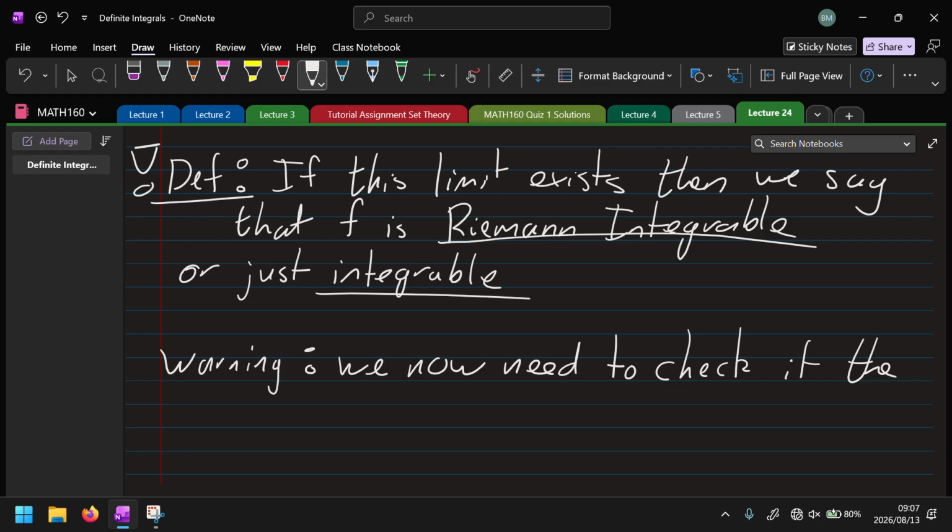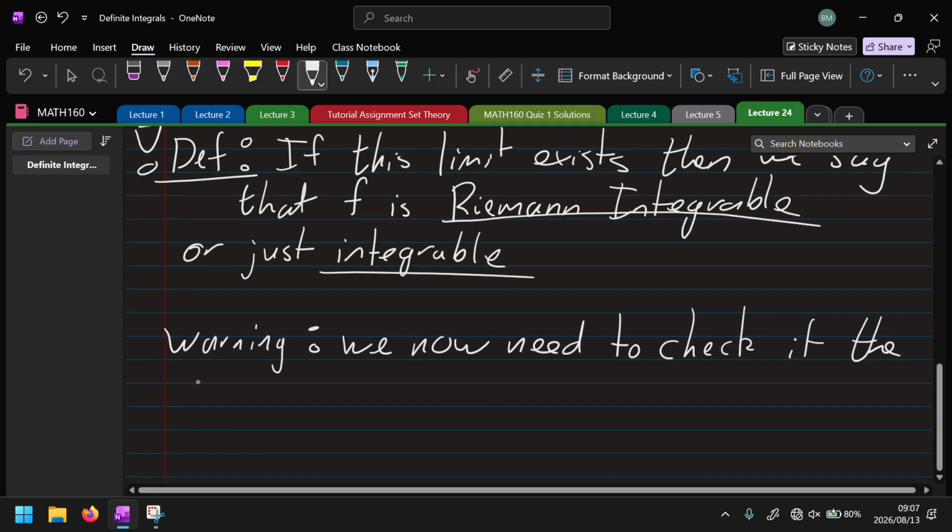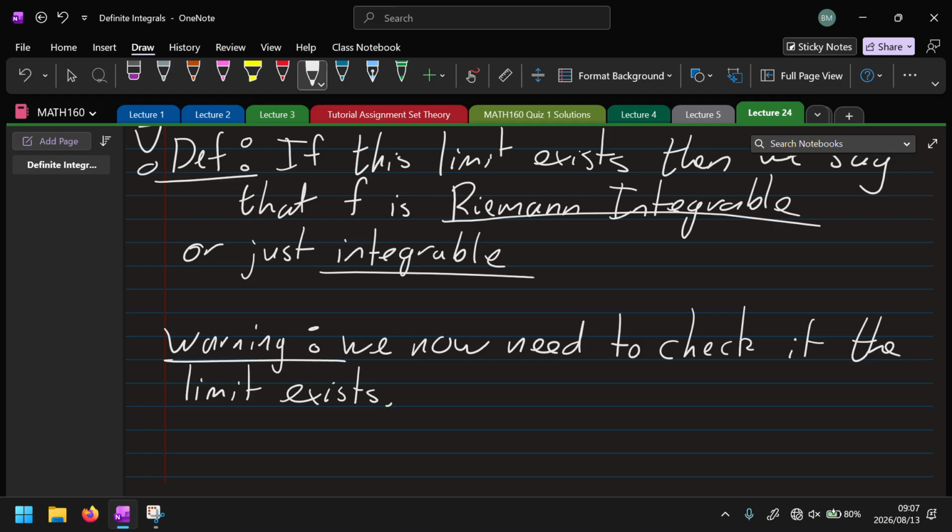Maybe the limit doesn't exist. And in that case, it is not Riemann integrable. Okay, you need to check that. Okay, so I'll put that down as a warning. Of course, for all the classwork, I will point out, check this, and so on. But for the tutorial problems and the future test problems, I'm not going to put the warning sign there for you to see.